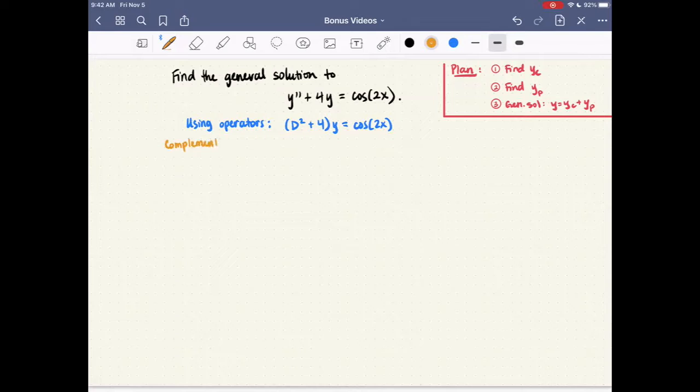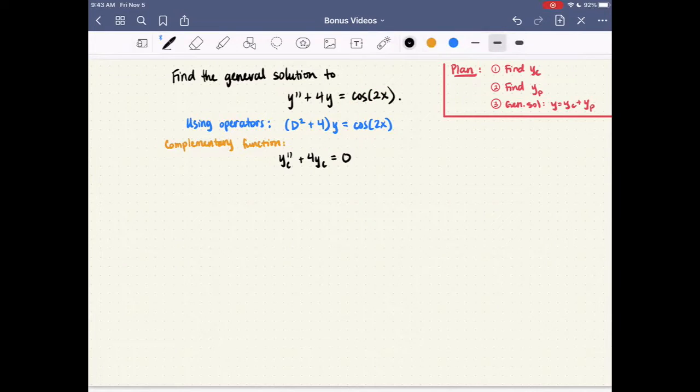We're going to find the complementary function, y sub c. And y sub c is the function that satisfies yc double prime plus 4yc equals 0. So it satisfies the associated homogeneous problem where we pretend that our right-hand side is 0.